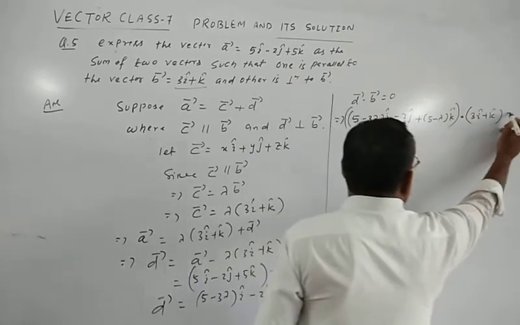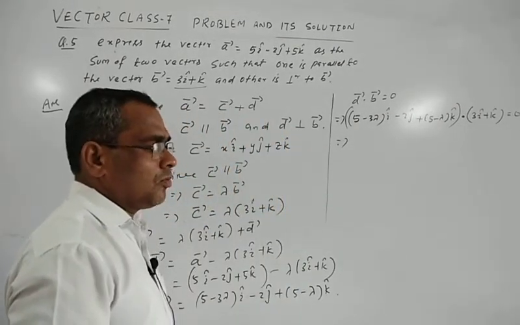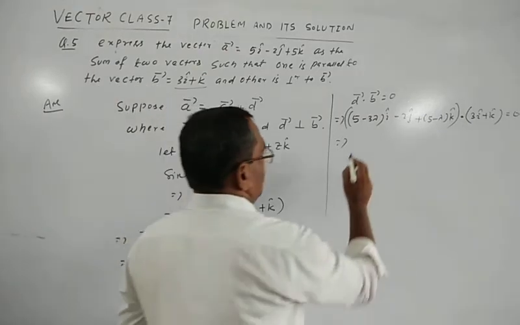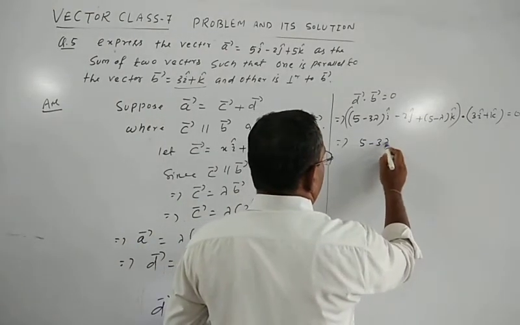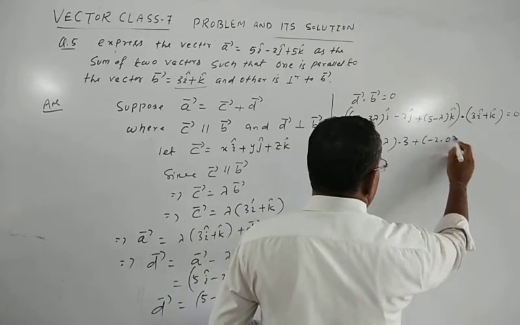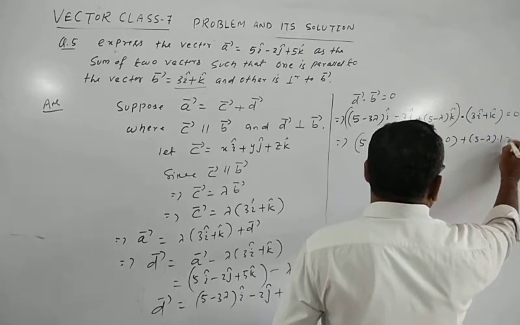Is equal to 0. You know the dot product of two vectors in component form is a1 a2 plus b1 b2 plus c1 c2. So 5 minus 3 lambda into 3, plus minus 2 into 0, plus 5 minus lambda into 1 is equal to 0.